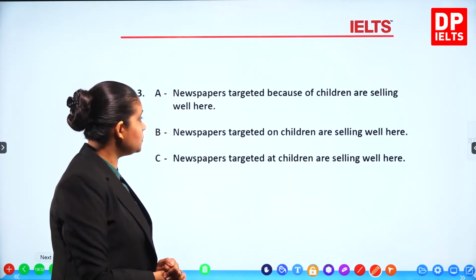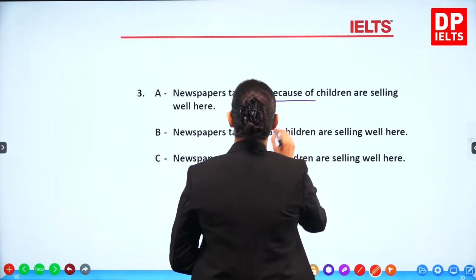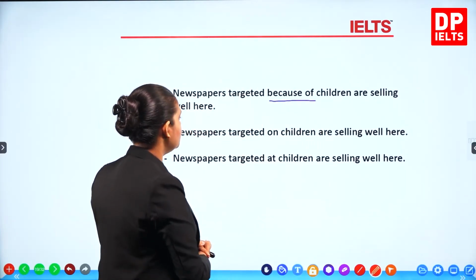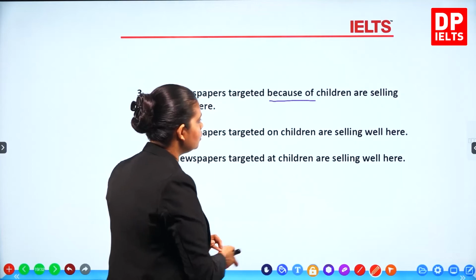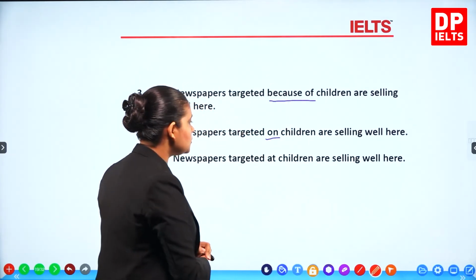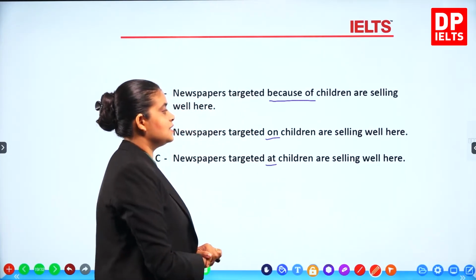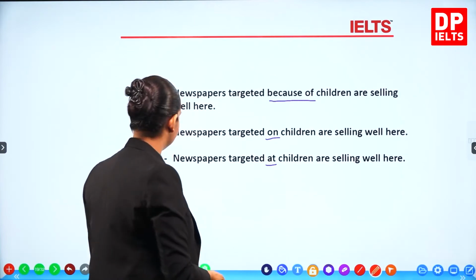Newspapers targeted because of children are selling well here. Newspapers targeted on children are selling well here. Newspapers targeted at children are selling well here.